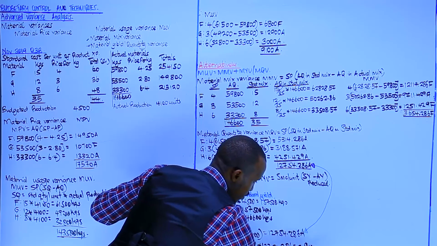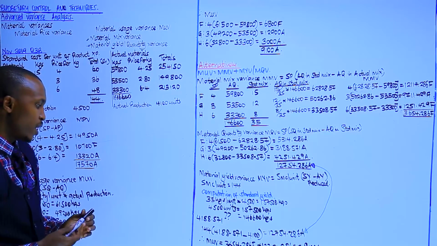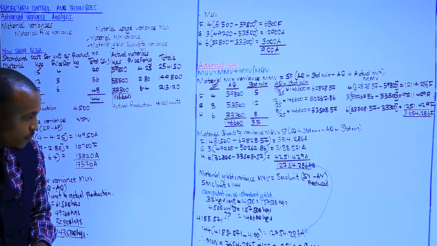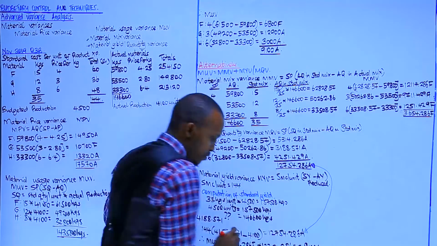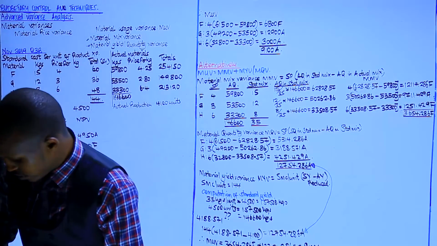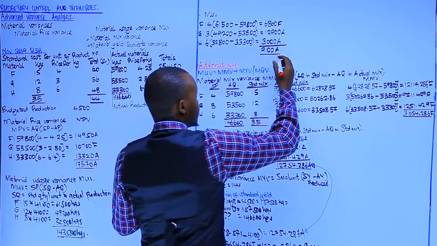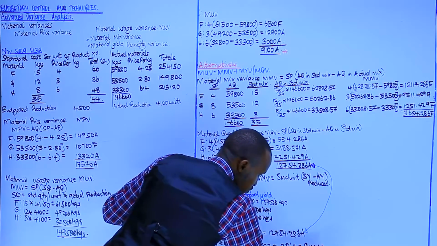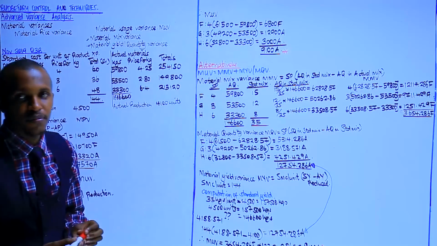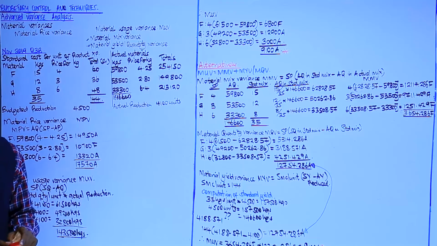So that should give you 9100 adverse. Please confirm that this usage variance here, this usage variance there, and that usage variance give you the same answer. 9100 adverse for both.